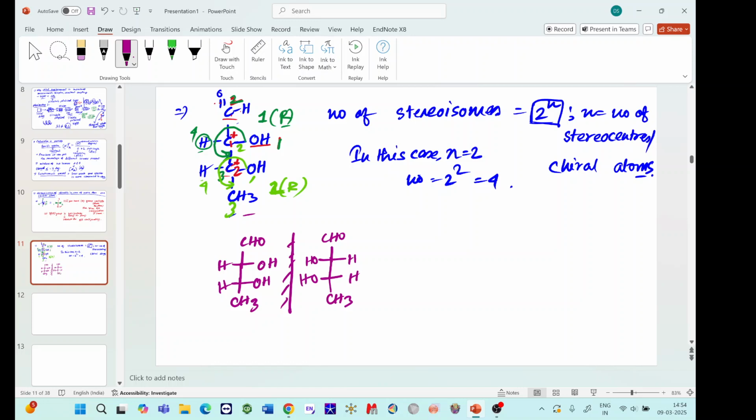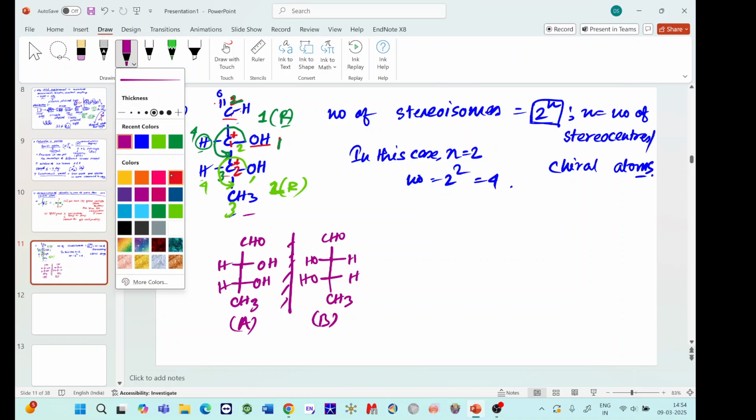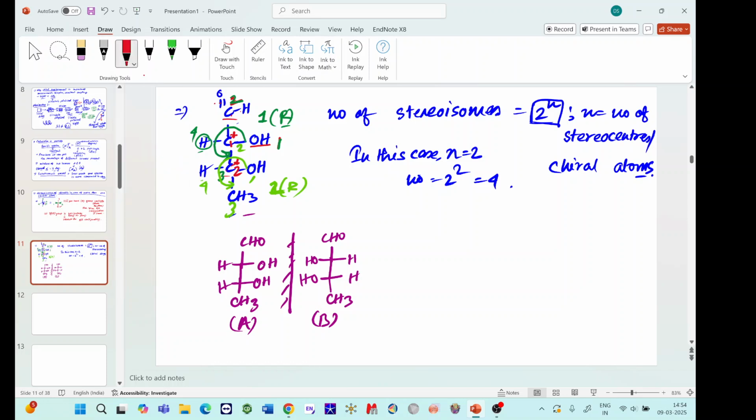So these are two enantiomer, mirror images but non-superimposable, right? So this will be R, R, and this will be S, S.